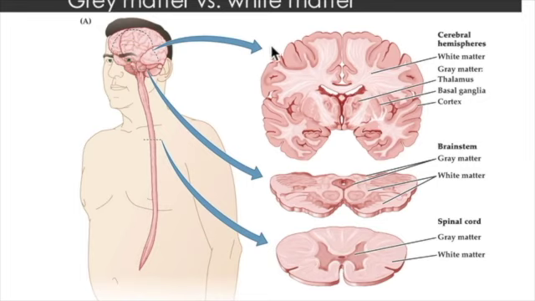Now, what's interesting about the structure of gray matter versus white matter, in general, at the level of the brain? So here's a nice cross section of the brain. You can see how the gray matter generally is on the surface of the cortex, the outside surface of the brain structure.